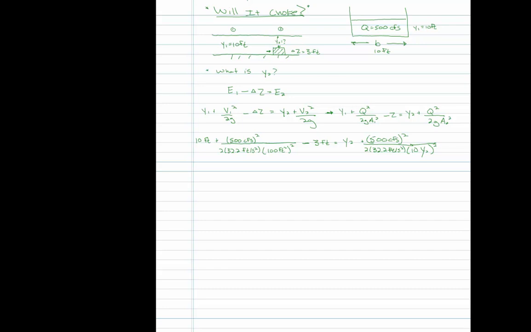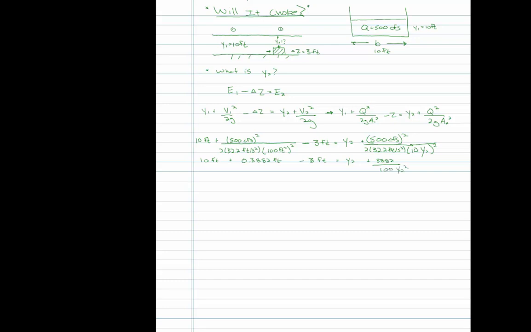Okay, so this simplifies to 10 feet, and the velocity head term 0.3882 feet, minus 3 feet, is equal to y2 plus 3882 divided by 100 y2 squared.